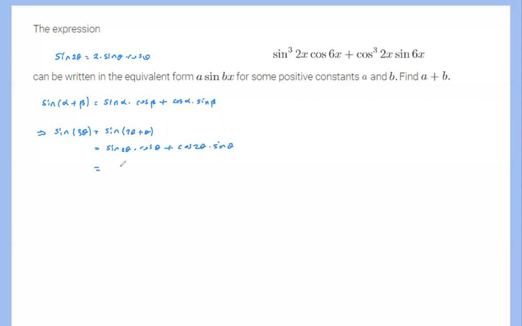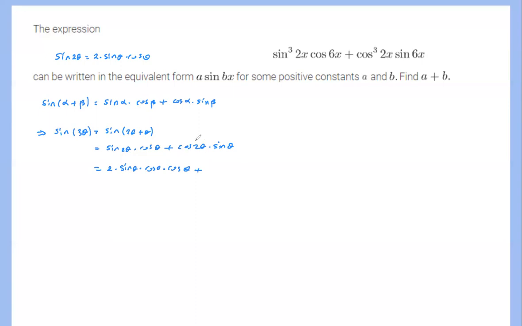So we want to expand this sine 2 theta, which we know is 2 times sine theta times cosine theta, and then there is a cosine also, times cosine theta, plus the cosine 2 theta.